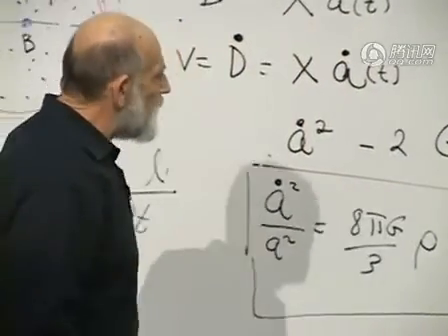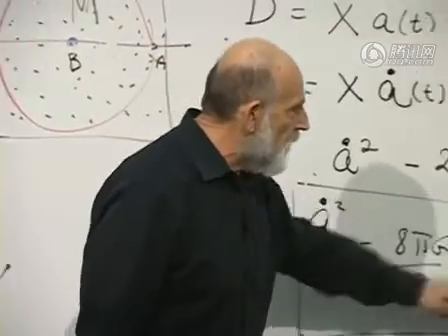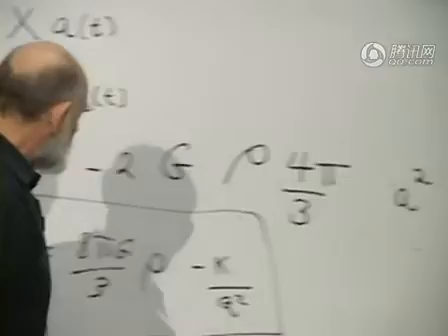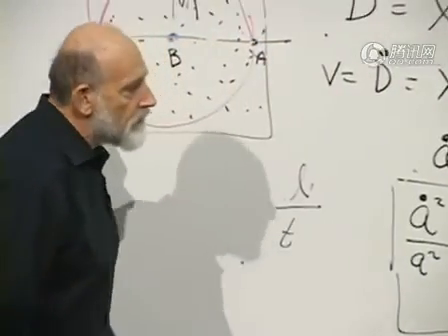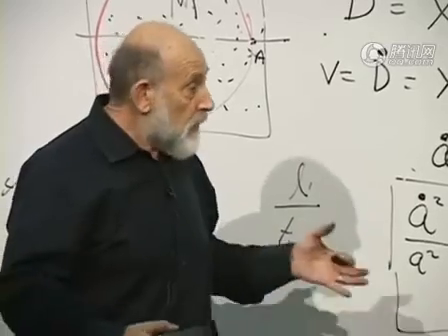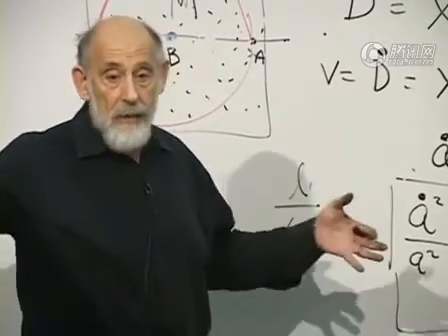Before settling on K, let's plug into this equation rho equals m over a cubed, where m is just a parameter that has to be determined by observation.